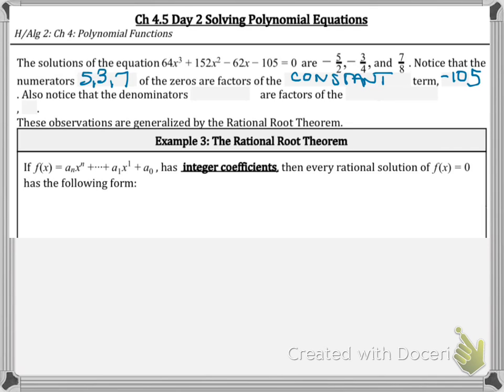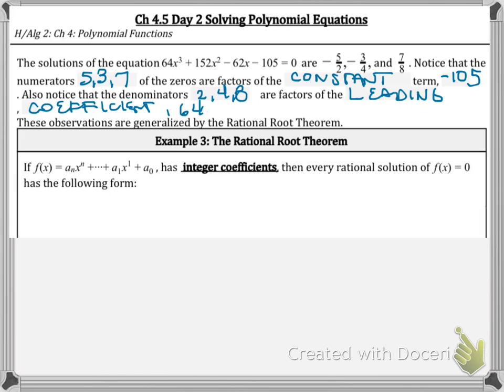And notice that the denominators, 2, 4, and 8, are factors of the leading coefficient of 64. So these observations are generalized by the rational root theorem.